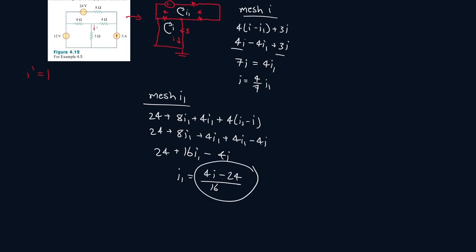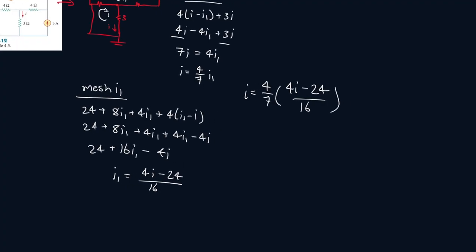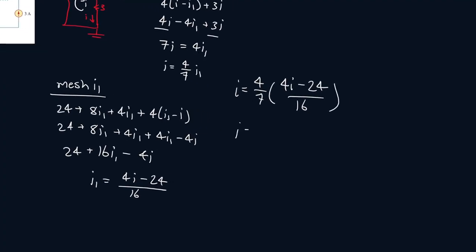So we'll plug this into here. So I will be equal to 4 over 7 times 4I minus 24 over 16. So let's start breaking this down more. So 4 divided by 16, that's 0.25 I, minus 24 divided by 16, that's 1.5.